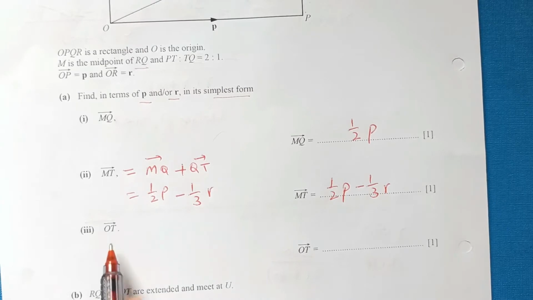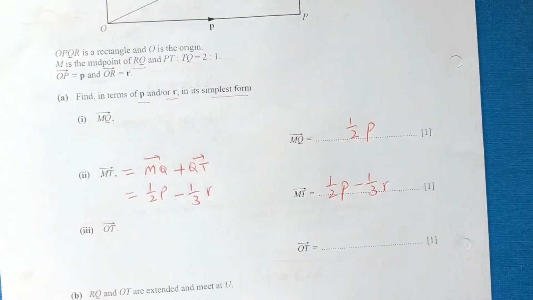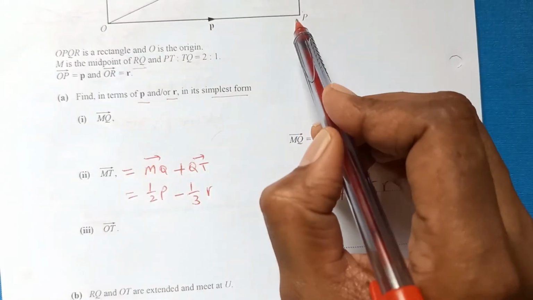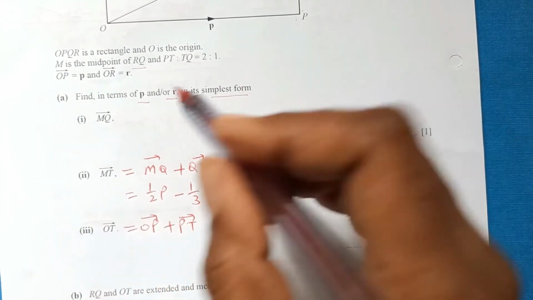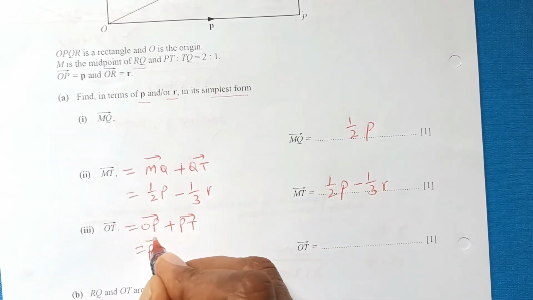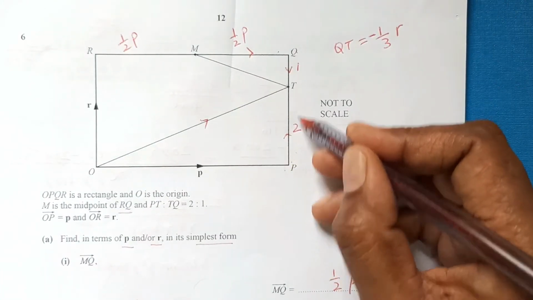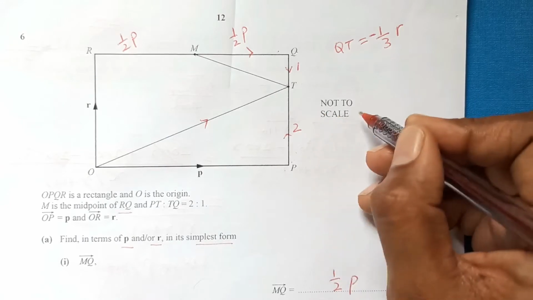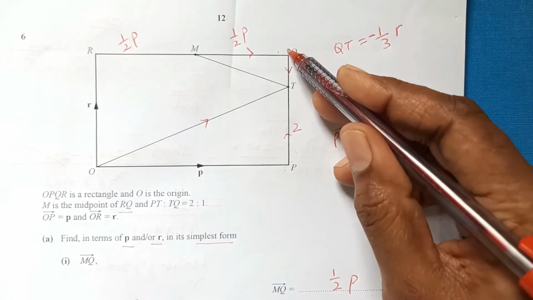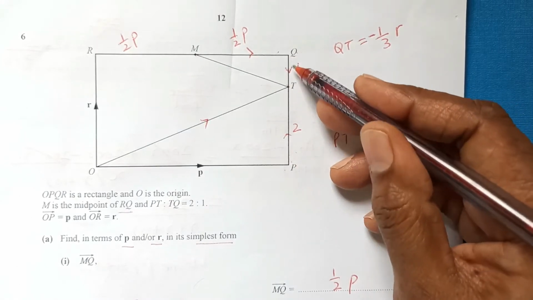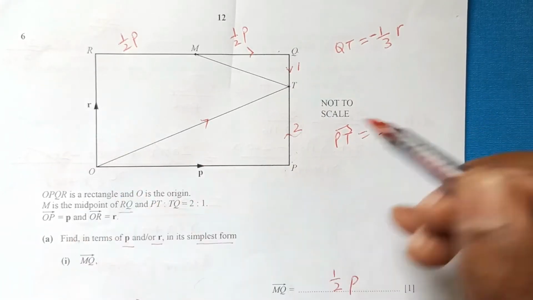Now OT, O to T. OT is OP plus PT. Now OP is p, and PT will be 2/3 of r, because this part is 2 and this part is 1, so the total is 3.